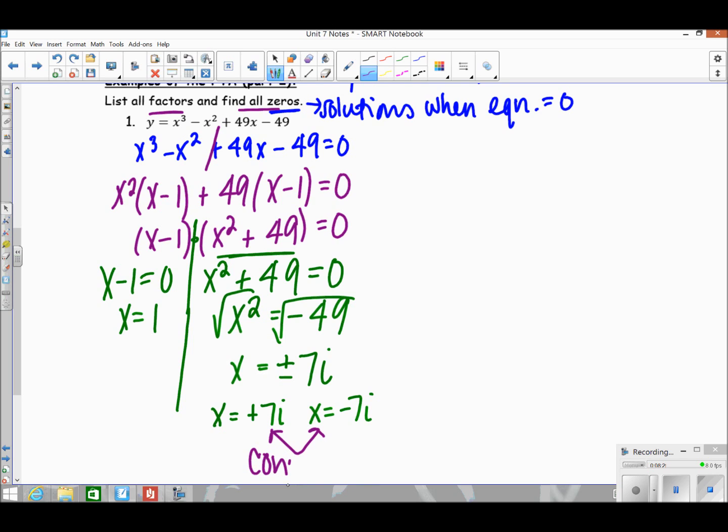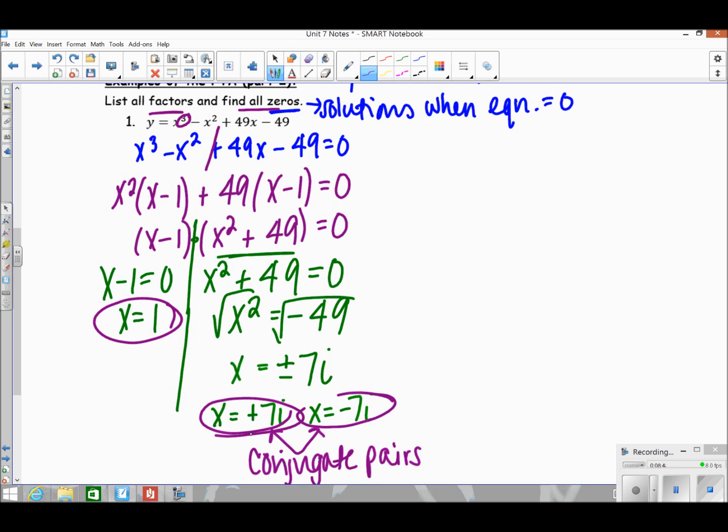So that's verifying to you that this theorem actually does work, this fundamental theorem of algebra, that if you have a degree 3 polynomial, you should be getting out 3 solutions, which I did, and any complex solutions, which I have, positive 7i and negative 7i, occur in conjugate pairs. And then the real solution is just the real solution. There's no pair to it.